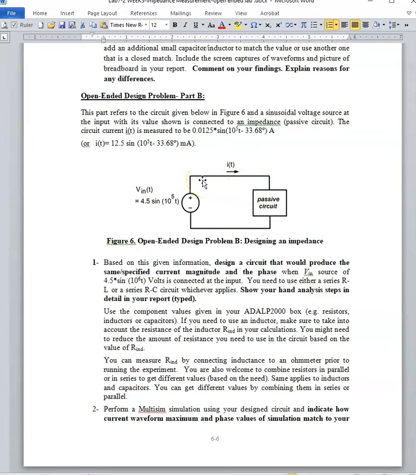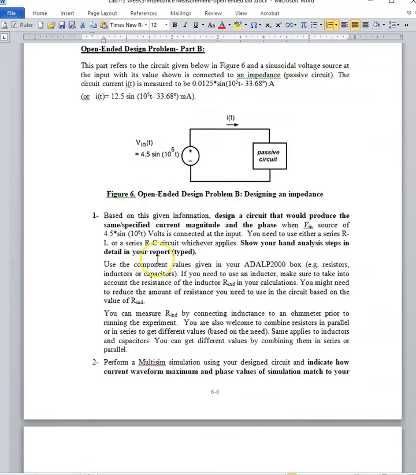So you're actually designing those components based on the information given. Again, once you put these in polar form, you're able to get the impedance in polar form and find the components easily. Then make sure to use the component values in the box.